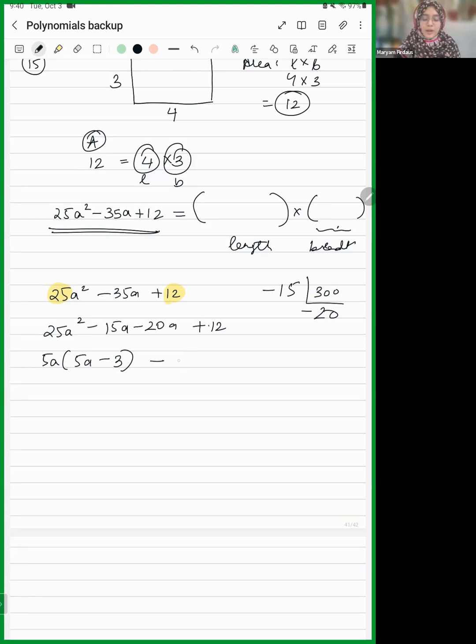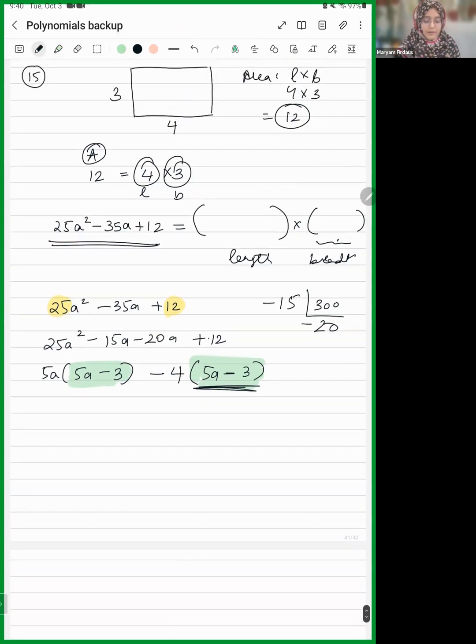We'll have to take 4, because whatever is inside the bracket should be exactly the same as this bracket. So we have 4 into 5a, which is 20a, minus 3, because 4 into 3 is 12. The bracket 5a minus 3 comes common, and what is left is 5a minus 4. So this will become the length and this will become the breadth.